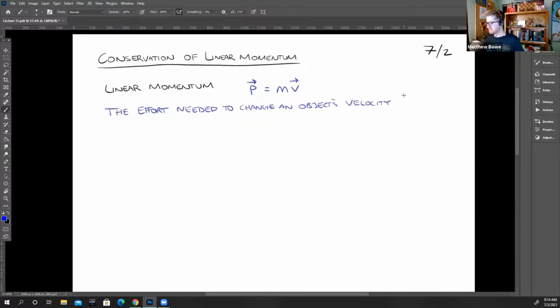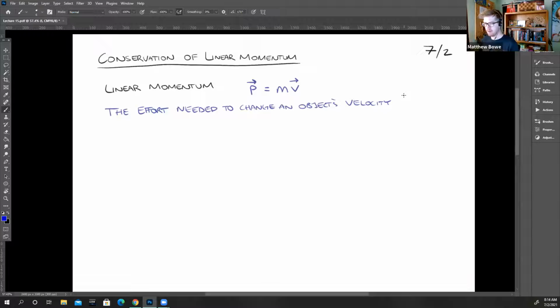Okay, this might be sort of like ringing a bell from Newton's first law, which was the law of inertia. And things with mass sort of resist moving or resist a change in movement. If they're at rest, they stay at rest. If they're in motion, they stay in motion. This is like deeply connected to an object's momentum.